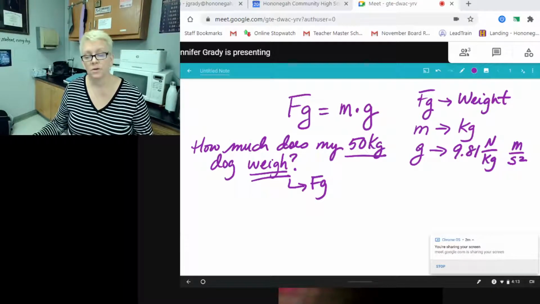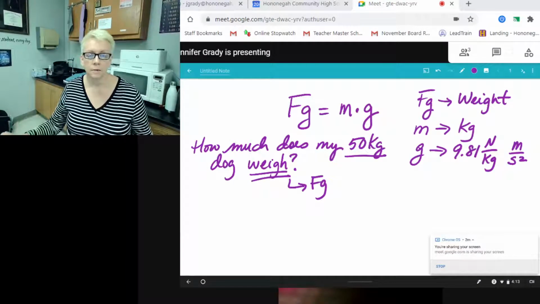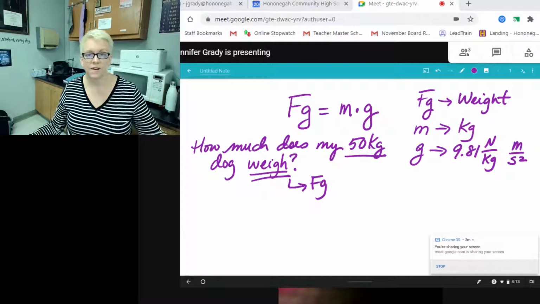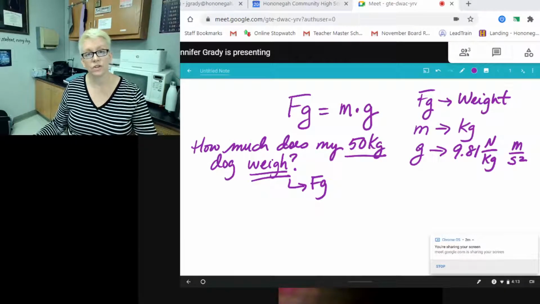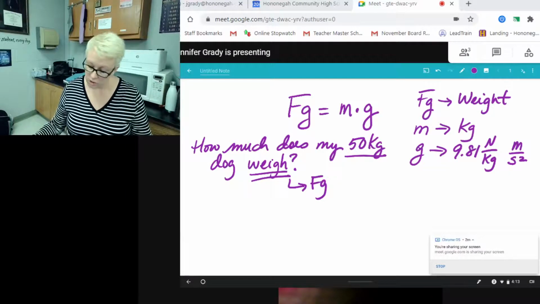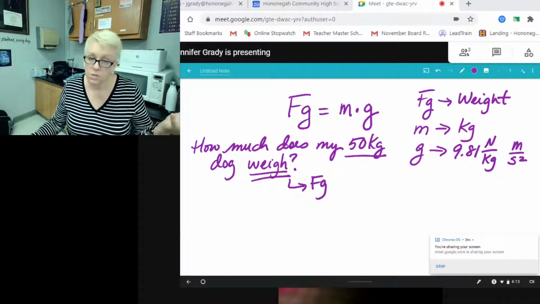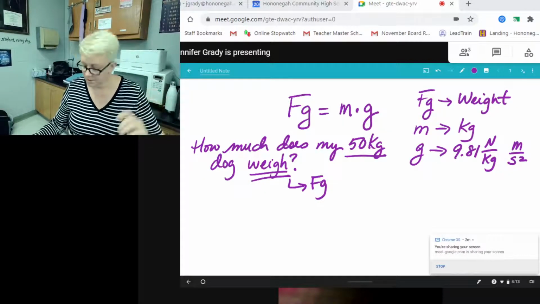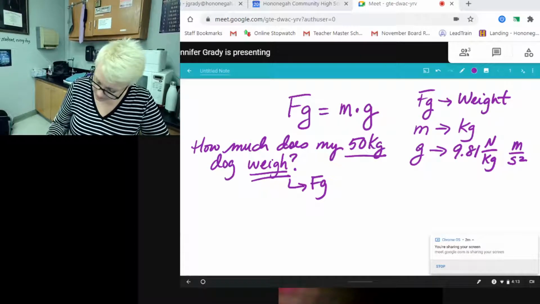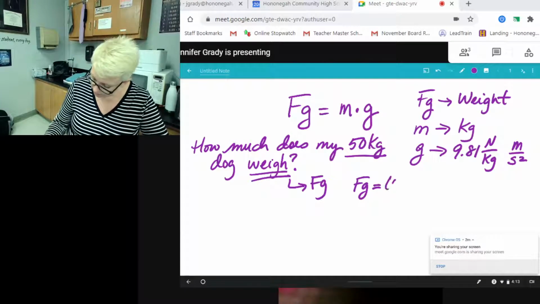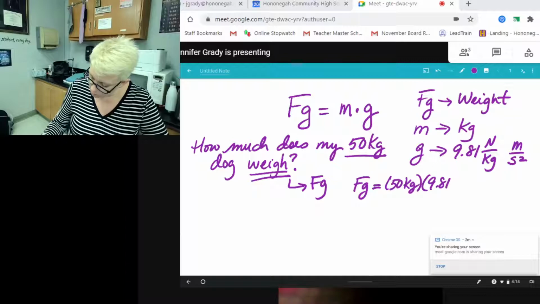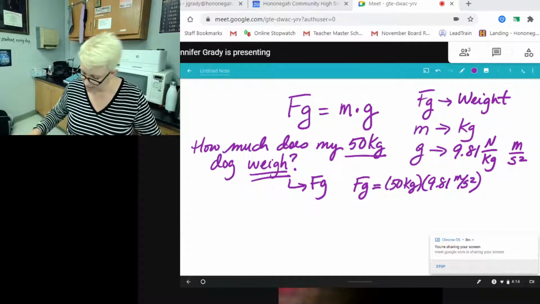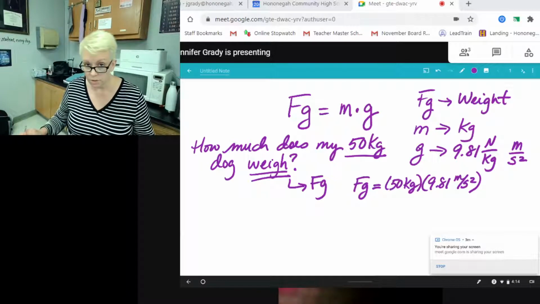I'm already given my value in kilograms, but if I was told it's 50,000 grams, I would need to convert that, and that would be 50 kilograms. Now, to figure out how much the dog weighs, I take that 50 kilogram mass and multiply it by 9.81. It does not matter which set of units you use. Your unit in the end is going to be the newton.